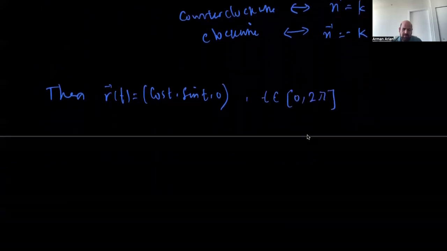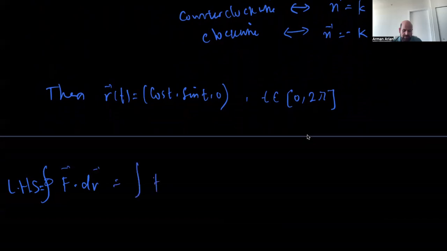So then we can calculate f dot dr, the left-hand side of the Stokes theorem. That means f of r of t dot r prime of t dt.